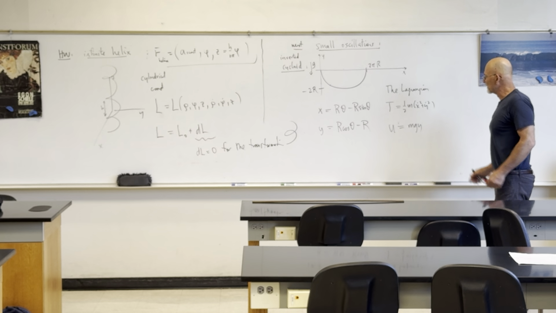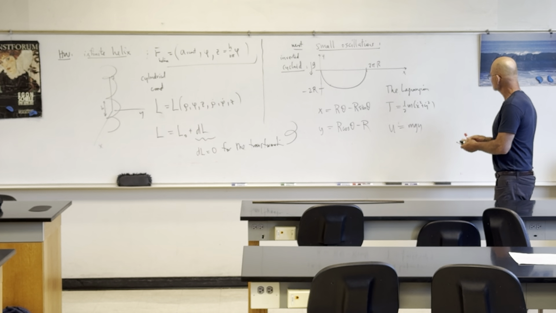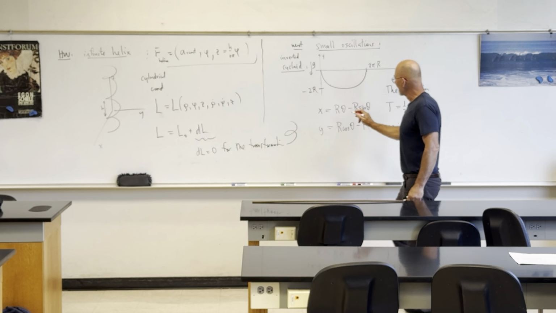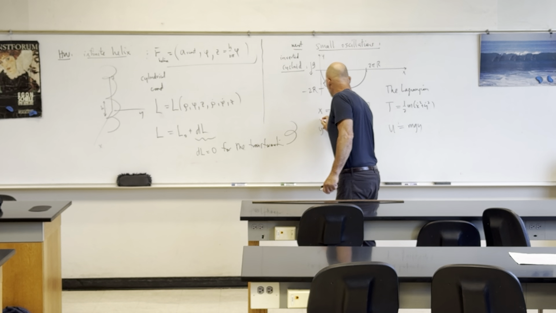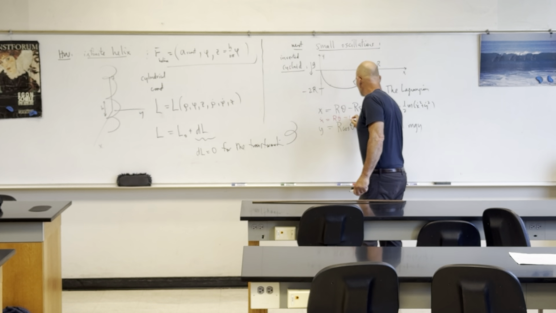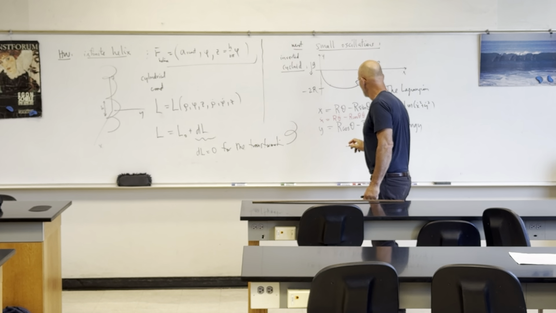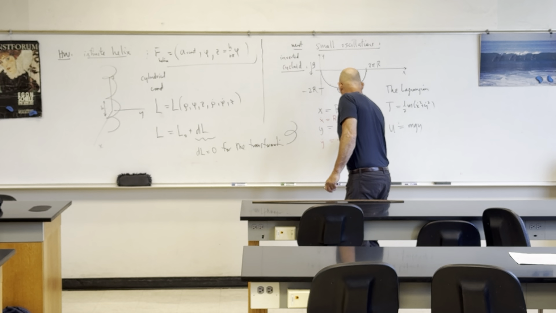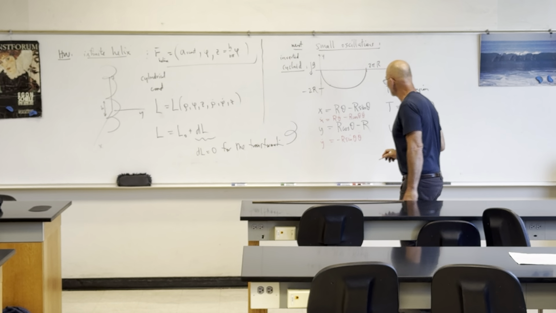So what we do is, I'll fill this in right here. Actually, I've got room right here. So the x dot is equal to r theta dot minus r cos theta theta dot. And the y dot is minus r sin theta theta dot.